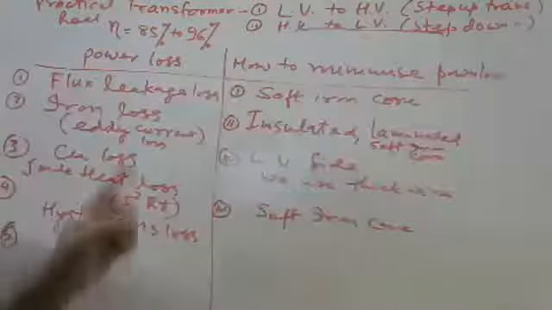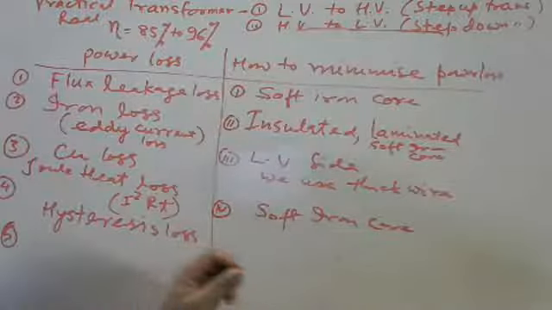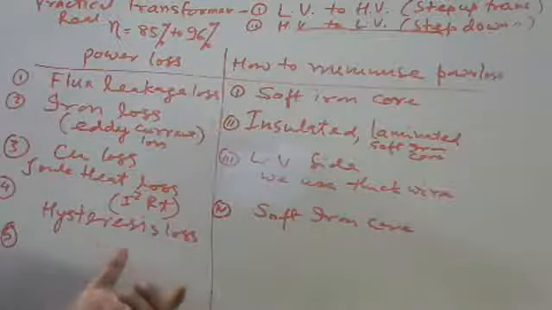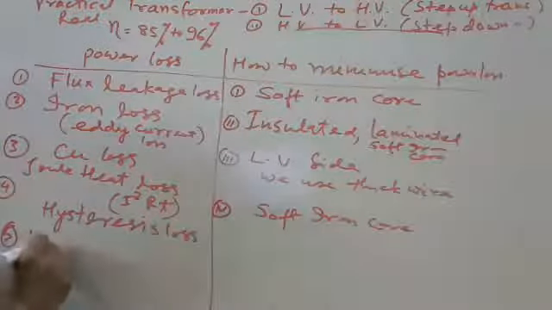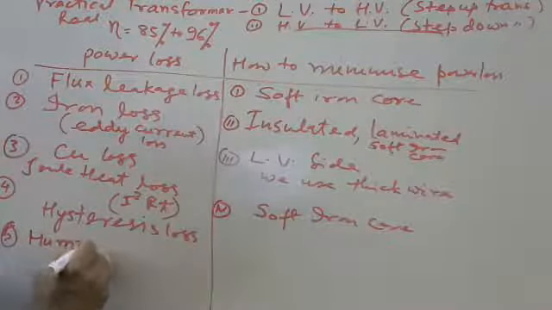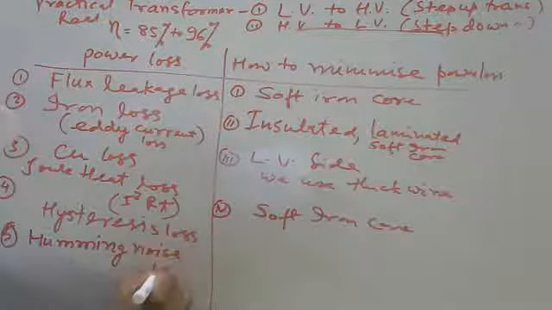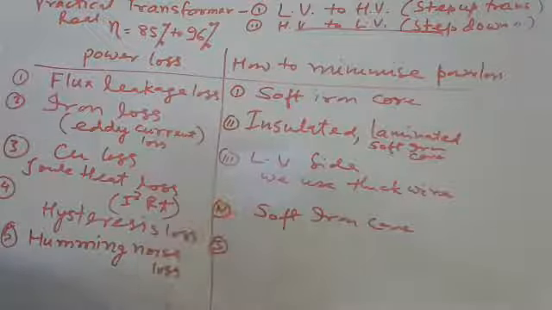Electrical energy is lost in the form of an unwanted noise, just like a hummingbird. So this is called humming noise loss. Simply it is because of the gap.